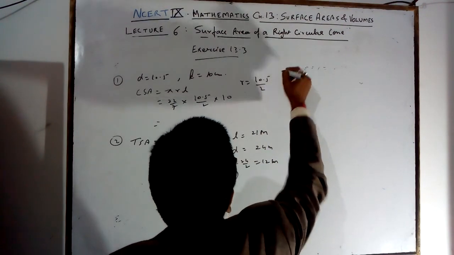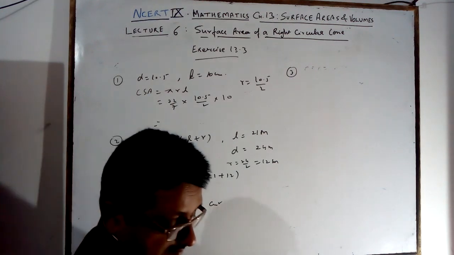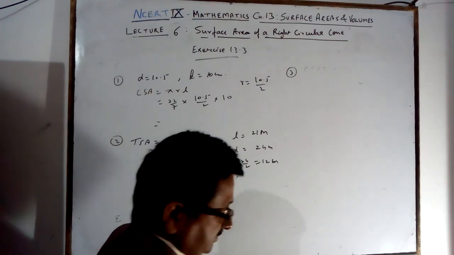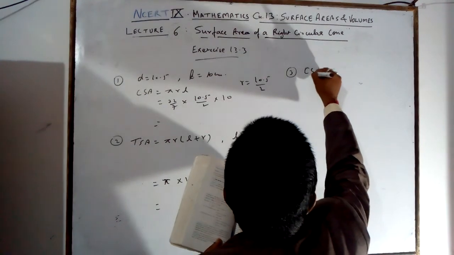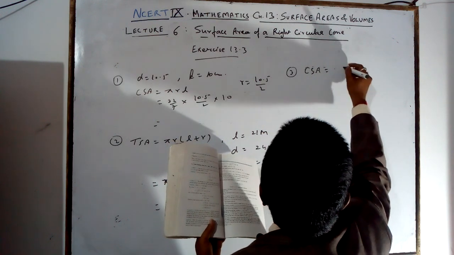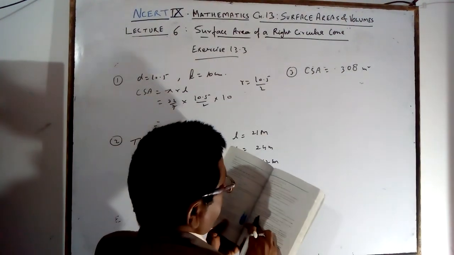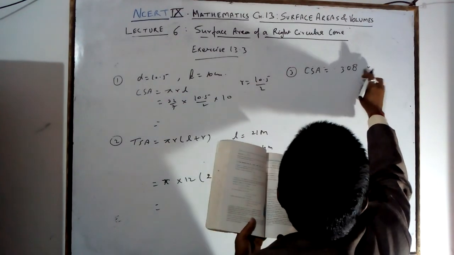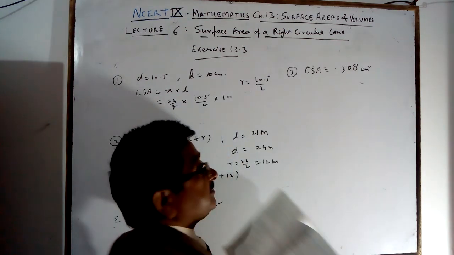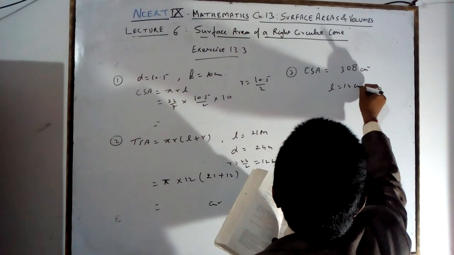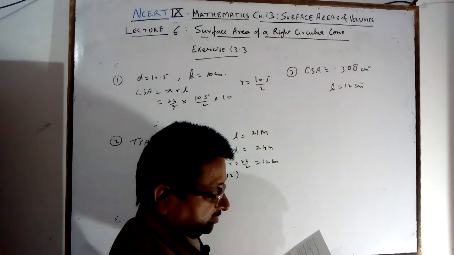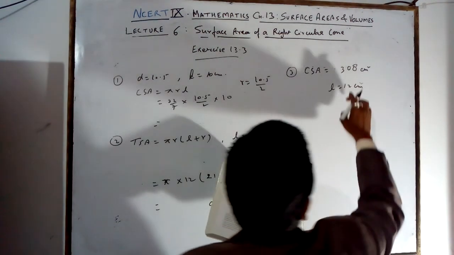Question number 3. All the values are given here. The curved surface area of a cone is 308 centimeter square, and its slant height is 14 centimeter, not 12.